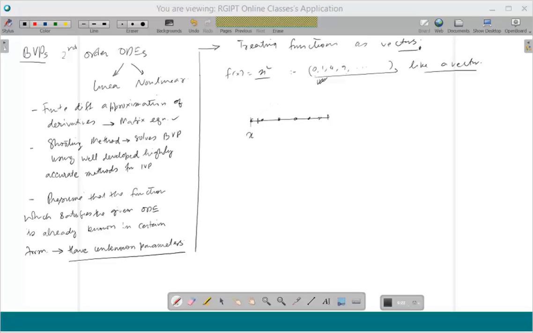The finer the points, the higher the dimensionality, and in the continuum limit it becomes infinite dimensional. The continuum limit is just jargon mathematicians use. In the continuum limit, the function is like an infinite dimensional vector.